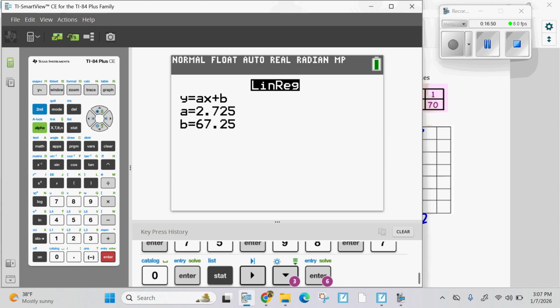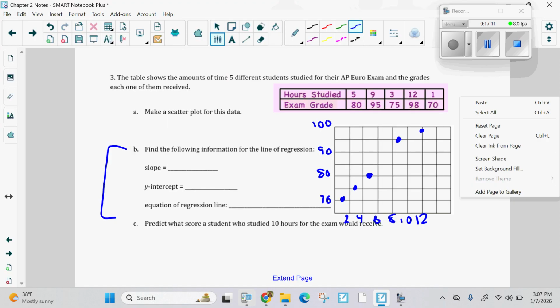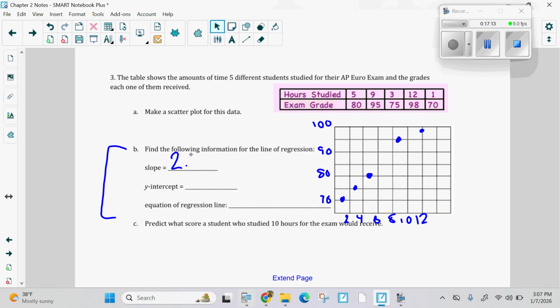And right here I have a line of best fit. So instead of using m as our slope, it uses a, but it tells us that our slope is 2.725 and our y-intercept should be 67.25. So we can write that down over here. Our slope is 2.725.